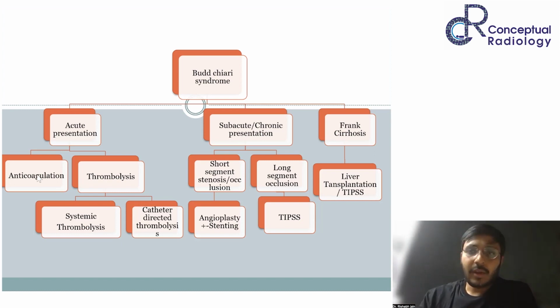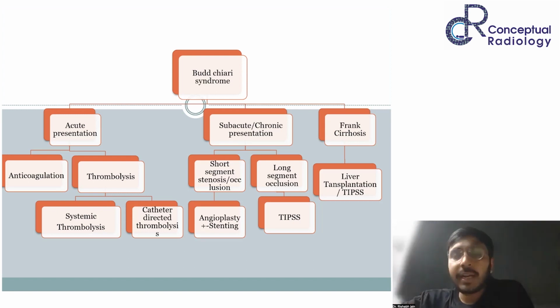Anticoagulation, the hepatologist or gastroenterologist will give IV. Thrombolysis can either be systemic or catheter-directed. In systemic thrombolysis, the clinician gives TPA or streptokinase, but most commonly in practice, anticoagulation is given IV and thrombolysis is usually catheter-directed thrombolysis.